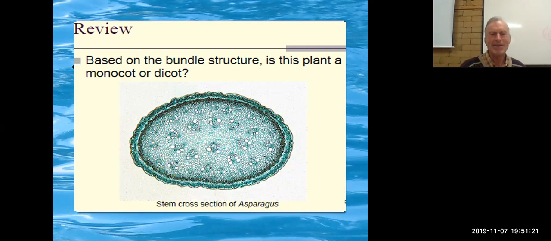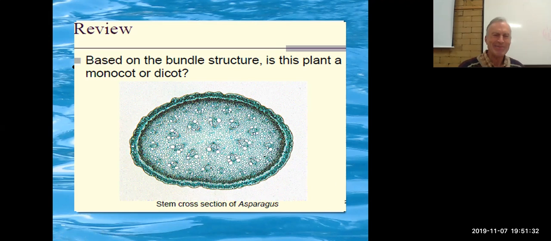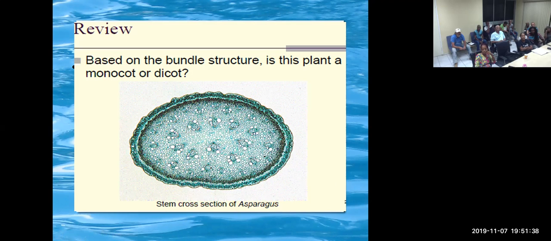All right, what about this one? Is that a monocot or a dicot? Monocot. Yes. Why do you know it's a monocot? You can see the wings there. You can see the wings smiling at us. It's tough to see the smiles, actually.